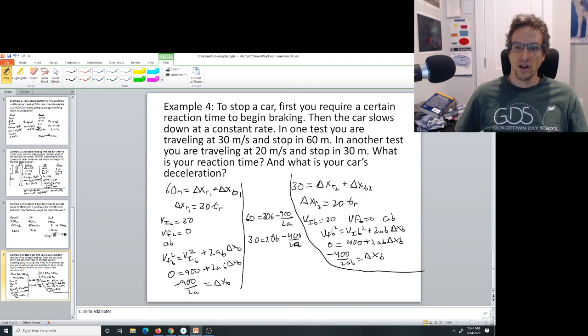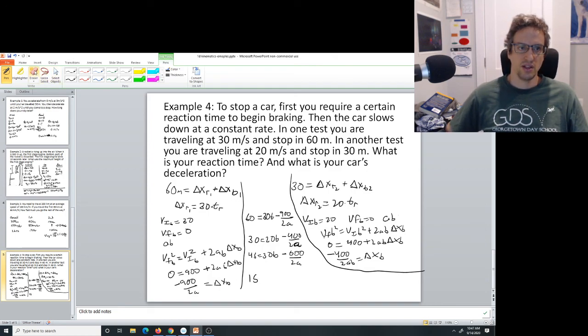So I've got two equations and only two unknowns. An easy way to do this is to subtract. I'm going to multiply the second one by 1.5, so this becomes 45 equals 30t minus 600 over 2a. Then I can subtract these two. So I get 15.